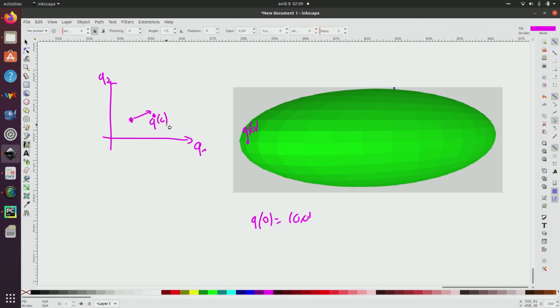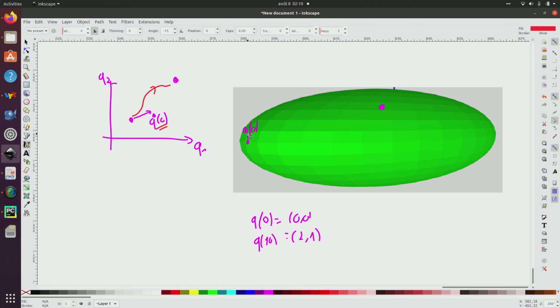I know that I want to reach q of 10, which is equal to 2, 1. So it corresponds to another point like this. I know the equation of the geodesic, so I am able to integrate here.